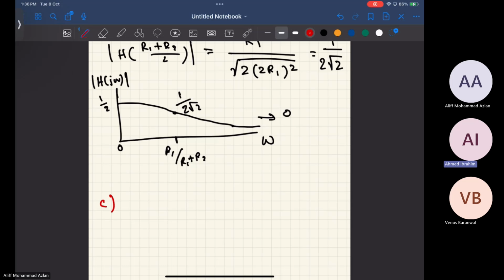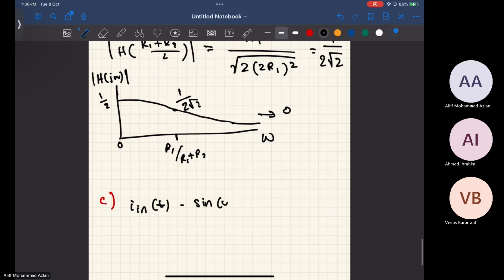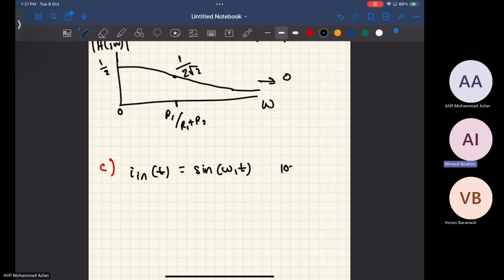Let's move on to part C. This is saying suppose two experiments are conducted on the circuit. The first applies a current like this for a specific value of omega 1, which is 100 radians per second.